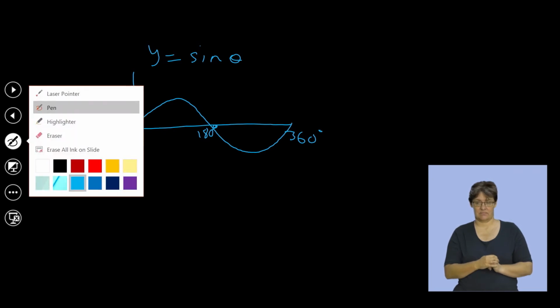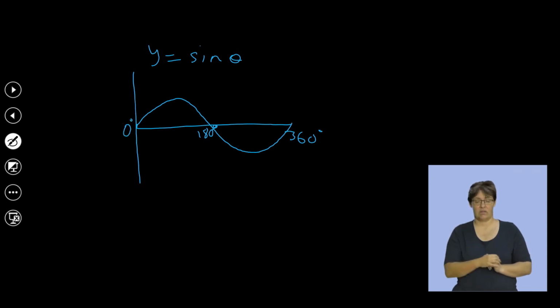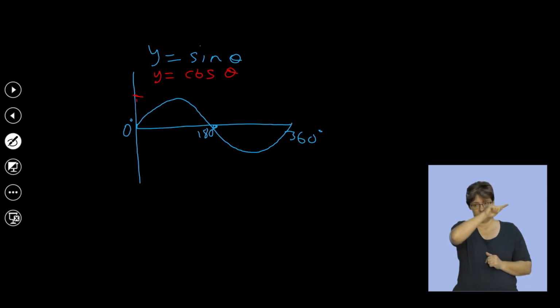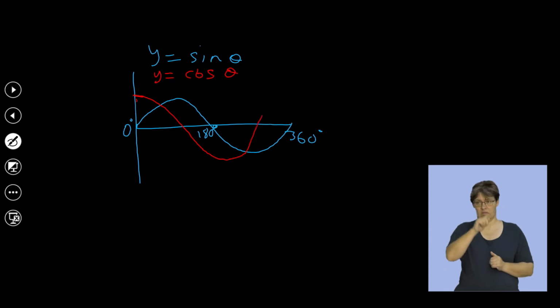But if I look at now the graph of, I'm just going to write it in red, y equals cos of theta, right? The graph of cos of theta will then start from this point here. It goes to that point, goes to that point, and then it ends there, right?